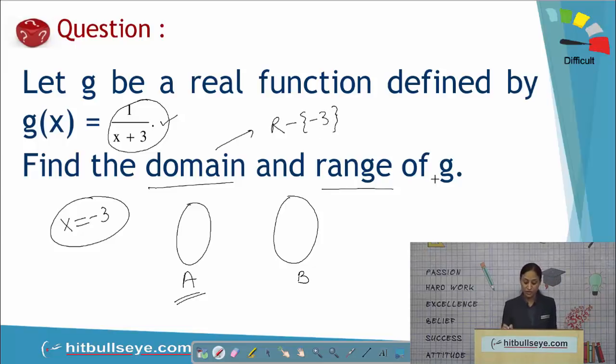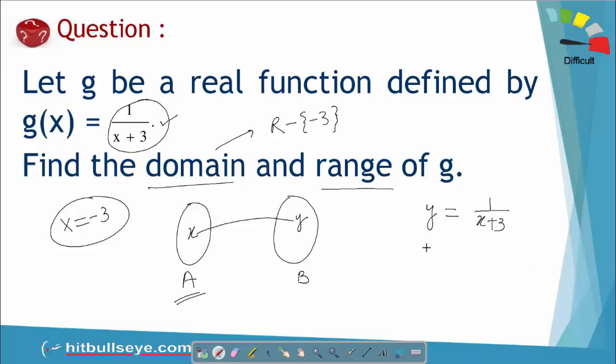Now coming to the range of this function. For range, we have to basically find all those y's belonging to B which are the images of some x belonging to A. So let's take y as the image of x, then I'll have y is equal to 1 upon x plus 3. So if I solve for x from here, I will have x is equal to 1 upon y minus 3.